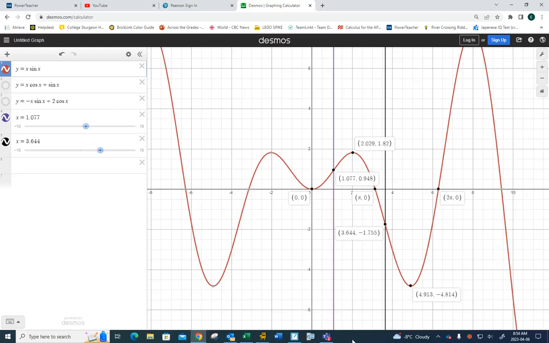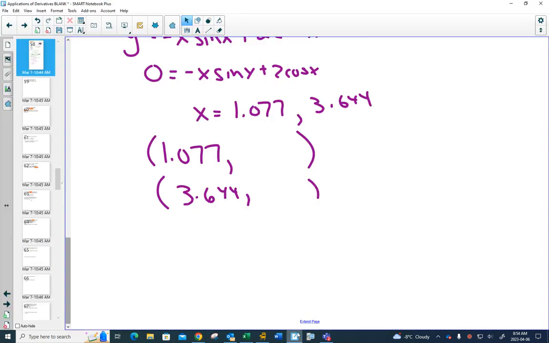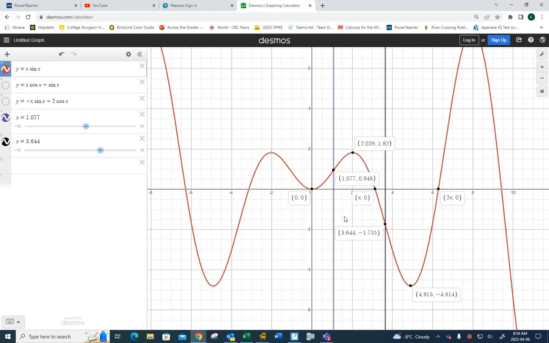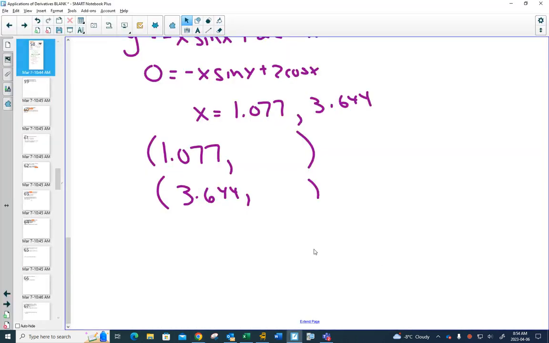If I was going to steal this, I'll write these numbers down, 9.948. Those are our inflection points.